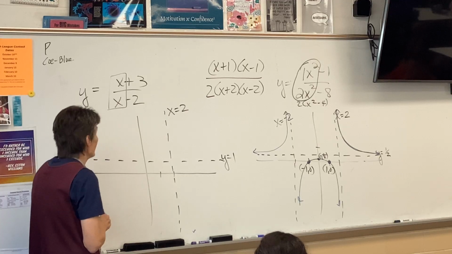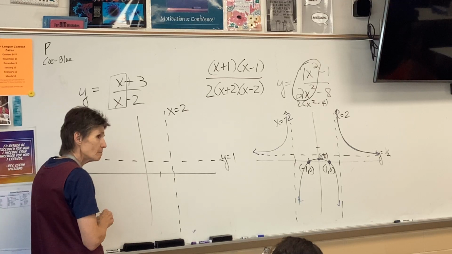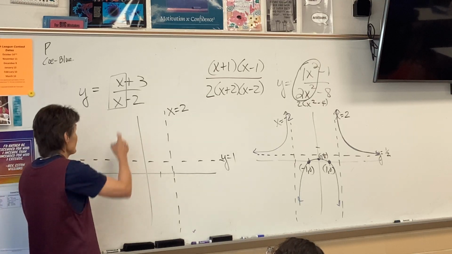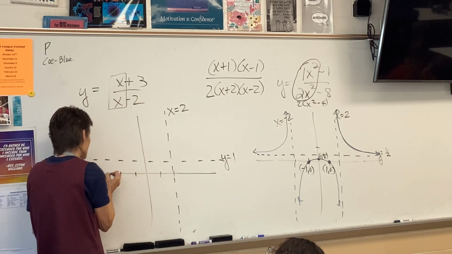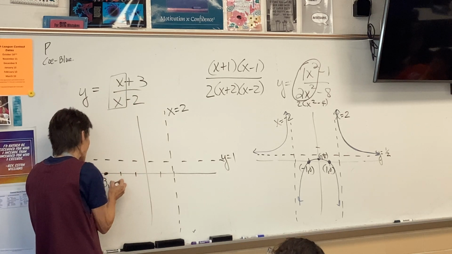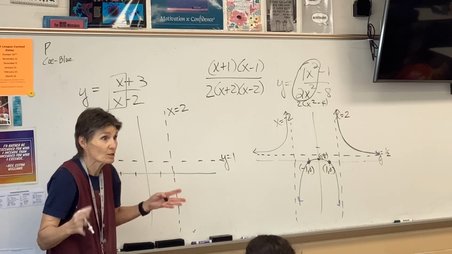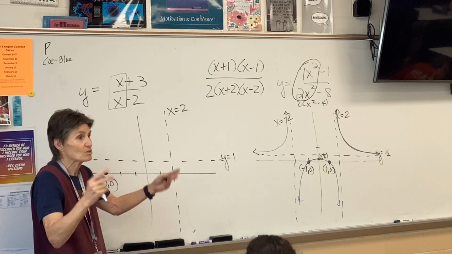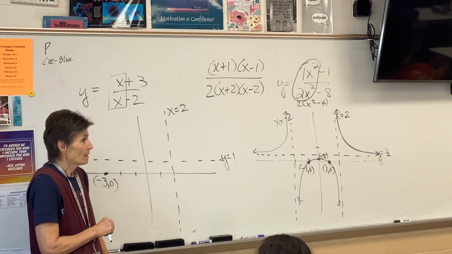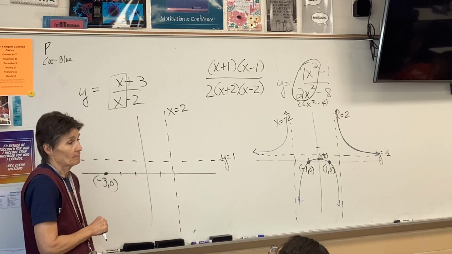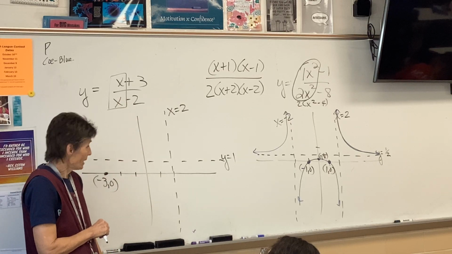Intercepts. Where? X-intercept is -3 because x-intercepts come from basically solving the numerator. What makes the numerator 0? That would be my x-intercept. Alright, one more thing.